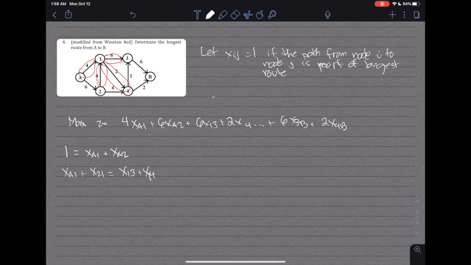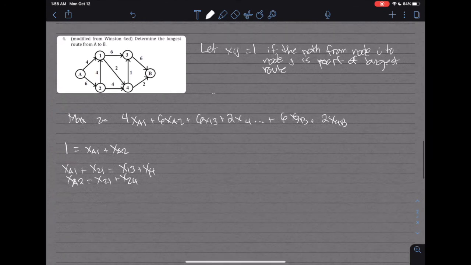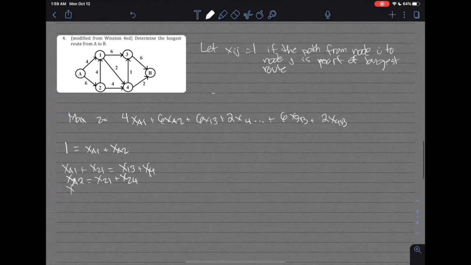Let's go now to node 2. Node 2 in is xA2, out is equal to x21 plus x24. Node 3 in is x13 plus x43, which is equal to x3B.